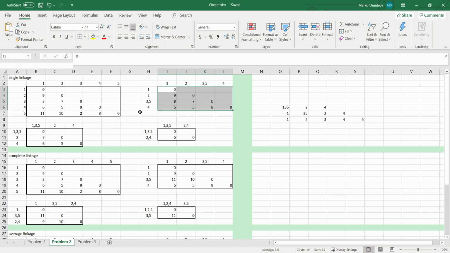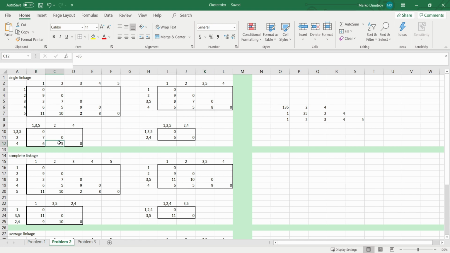The distance between 3, 5 and 2 is 7, and the distance between 1 and 2 is 9. We find the minimum of those 2 values, so we put 7. Same here: between 4 and 3, 5 is 8, and 4 and 1 is 6, so we put 6.